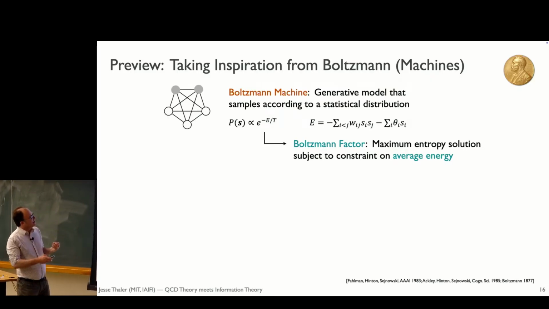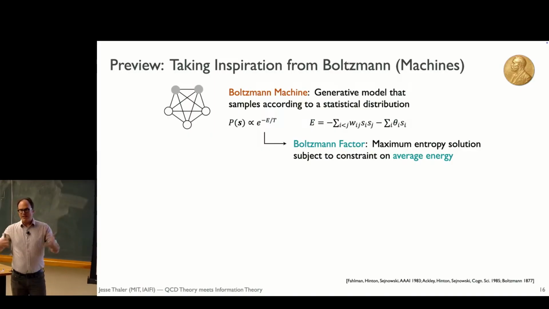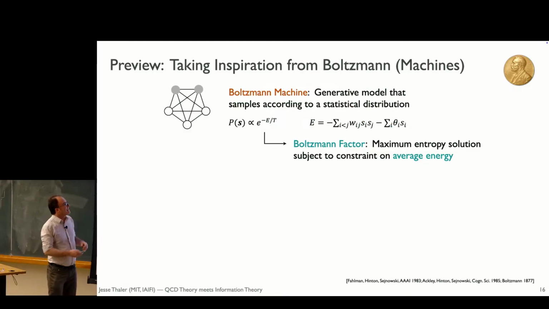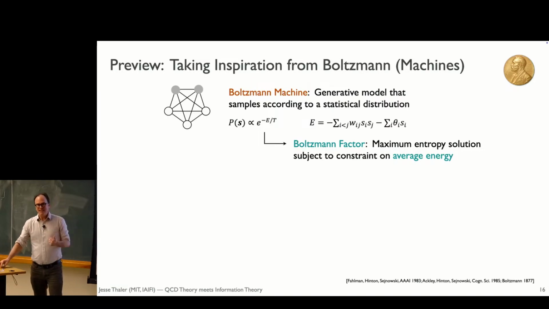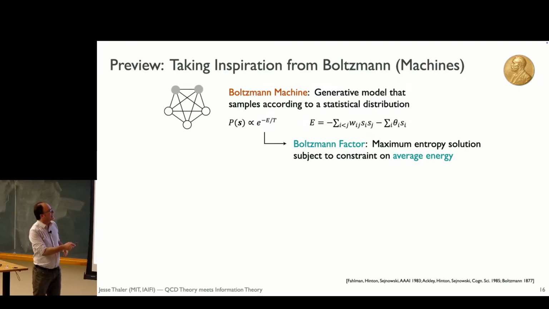So a Boltzmann machine is a generative model, that is, you can generate synthetic data that samples according to a statistical distribution, and in this case, that statistical distribution is coming from an Ising model. So you say you have some collection of spins, and you're going to learn an energy, that is, learn the weights and biases, or couplings and biases, such that if you were to sample according to Boltzmann statistics, you would generate synthetic samples that would mimic whatever data that you have, and you encode that in terms of an energy.